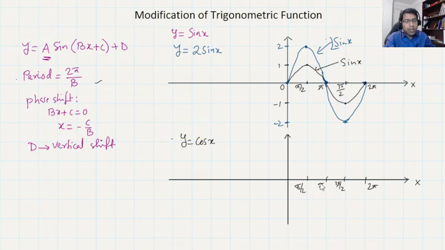Okay, now you know that cos goes from 1 to -1, that's the amplitude 1, because you can see the coefficient of cos x is 1.